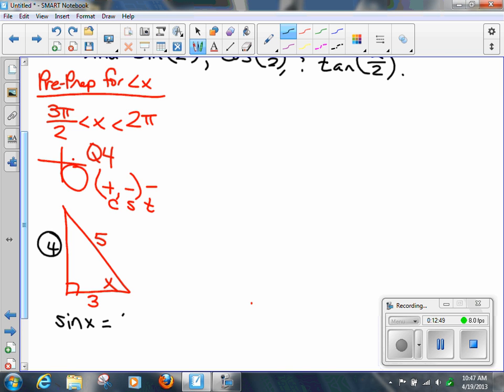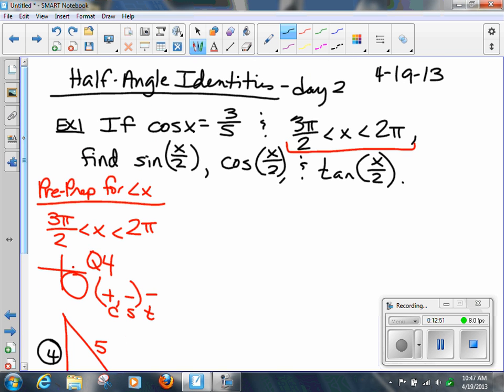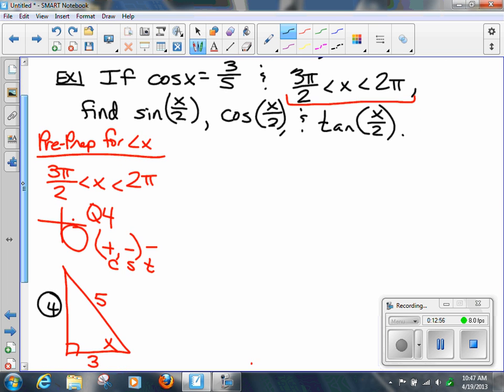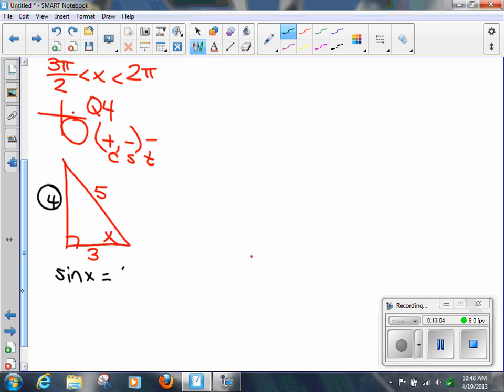Because we are given that the cosine of that angle is 3/5. I know from geometry, cosine is adjacent over hypotenuse. It is adjacent to my angle x and the hypotenuse of my right triangle. We would have used our Pythagorean equation if we have to.